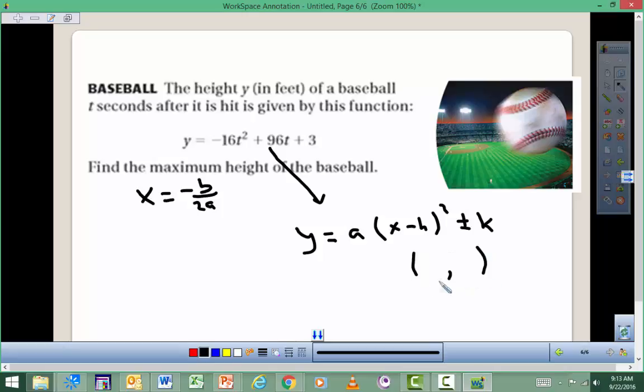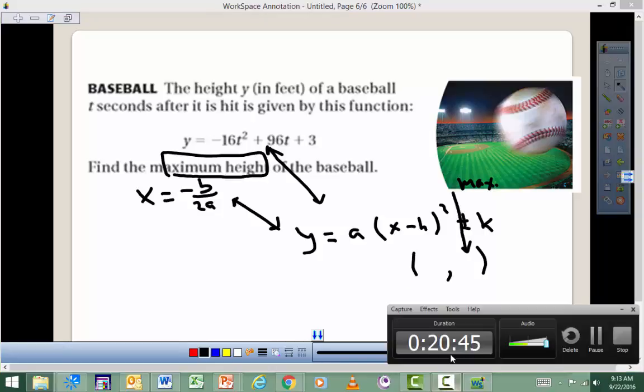You can find the vertex straight away. So it makes no difference to me which method you use, this one or this one. I'll let you choose. But your maximum height is going to be the y coordinate. This will be your maximum. Okay? Alright, well, I think you can get going.